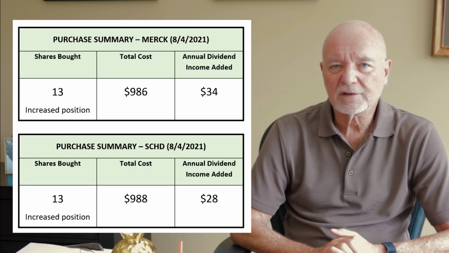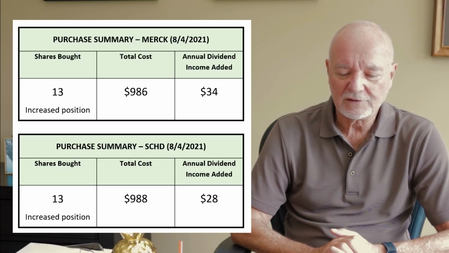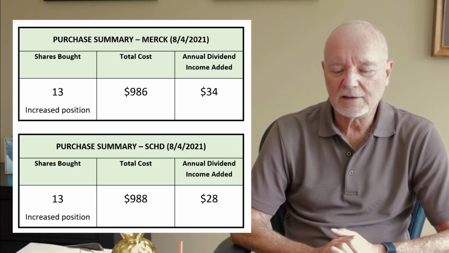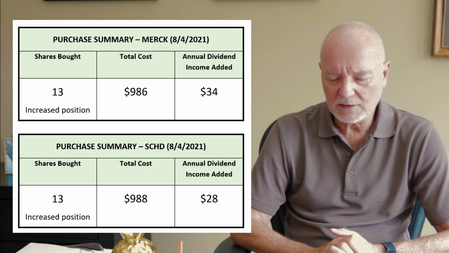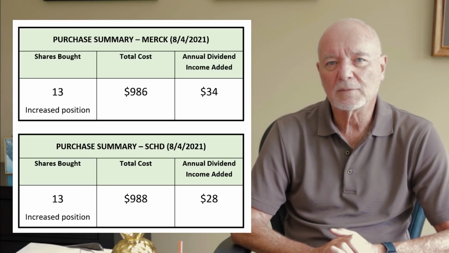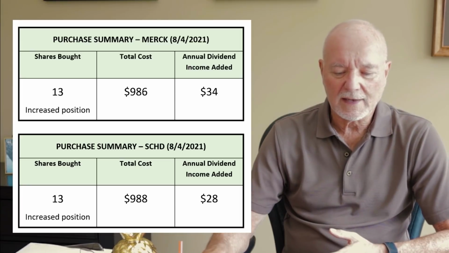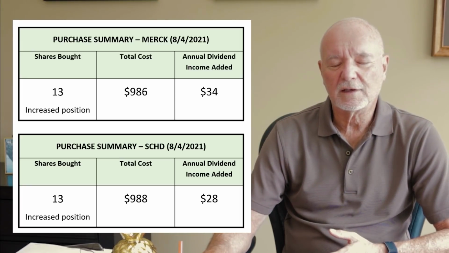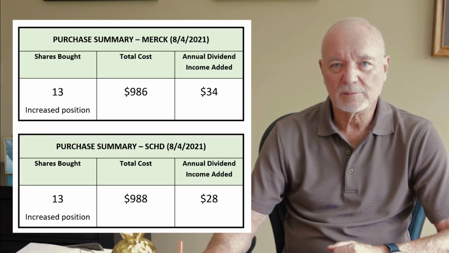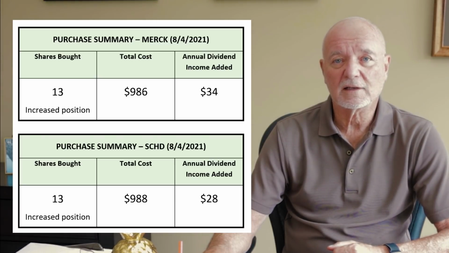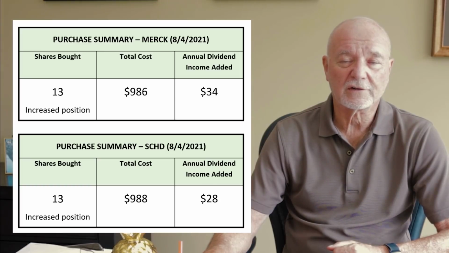It also got me 13 shares of SCHD, and the annual dividend income added is $28 for a combined $62 of income. And if you recall, that compares to the $16 in income that I lost when I sold the shares of Microsoft.